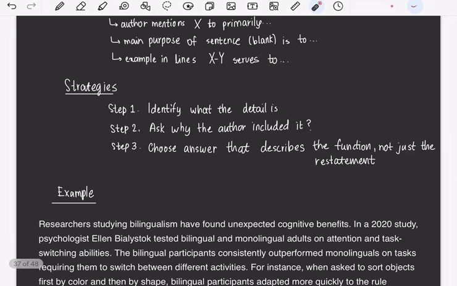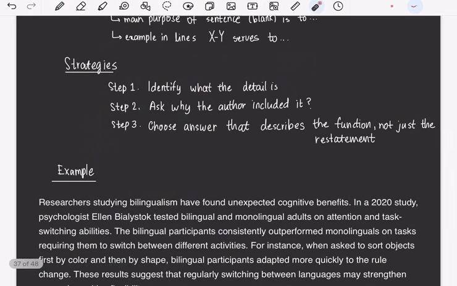The first strategy is to identify what the detail is, right? By looking at the question, identify what it says literally. The next one is to ask why the author included that. What role does that word play? Maybe if I eliminate that, what difference does that make?